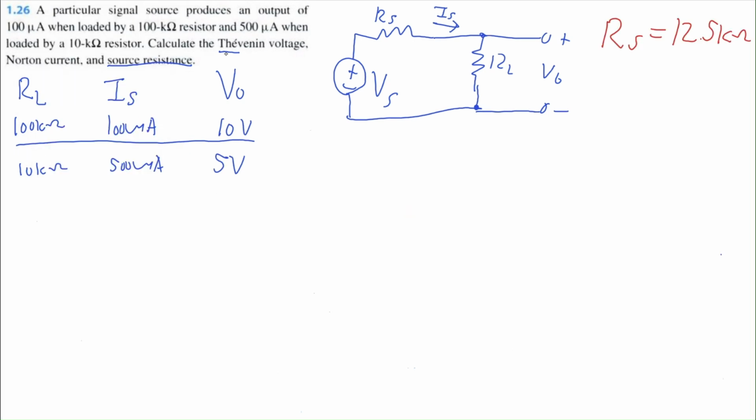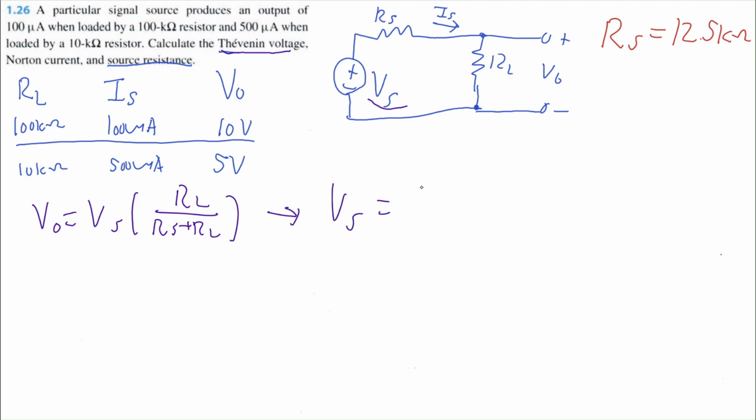Okay, let's solve for Thevenin voltage next. What's that going to be? That's just going to be this VS. So we had our system of equations earlier, but just to recall, V out is equal to VS times RL divided by RS plus RL. And now I have all the values except for VS, so I can just solve VS is equal to V out divided by RL divided by RS plus RL. And I can choose either of the two cases.